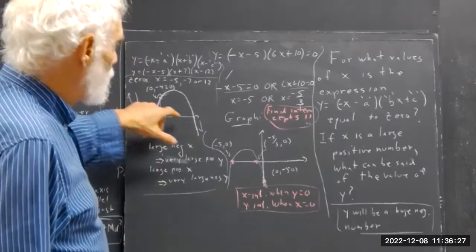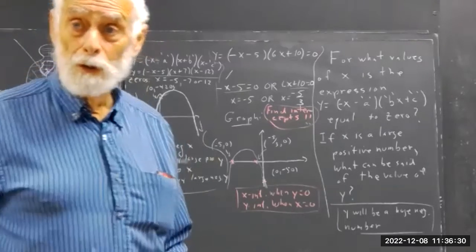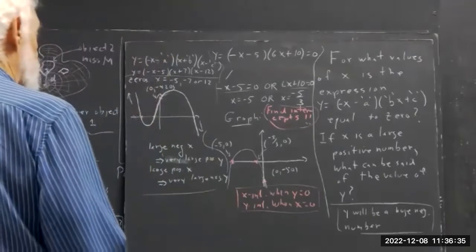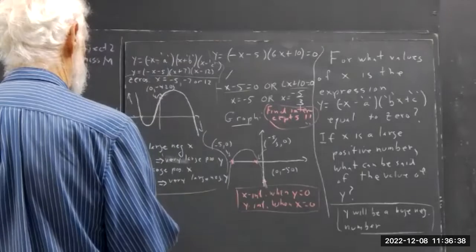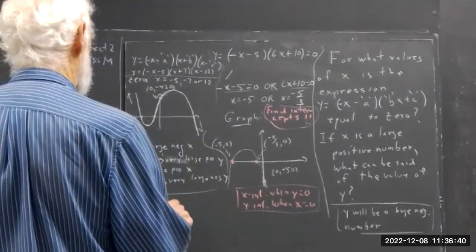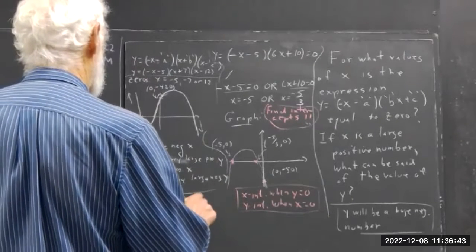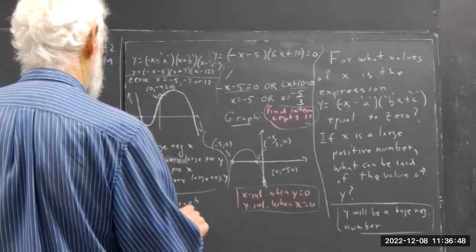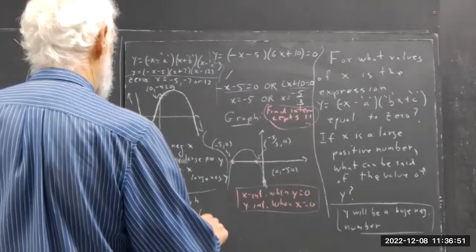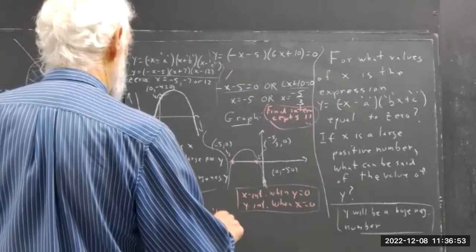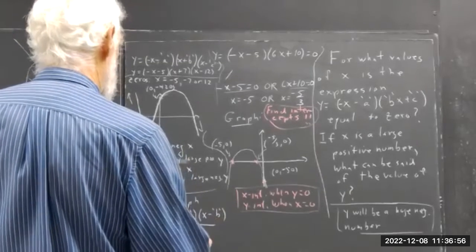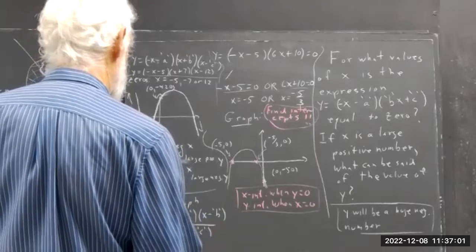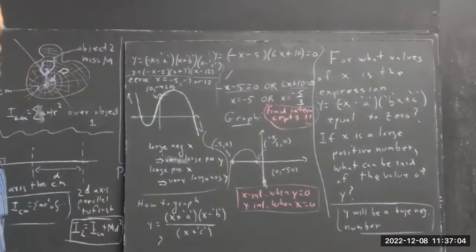Once we understand how to graph polynomials, we start talking about how to graph rational functions. So now what can you tell me about this? How do we graph this thing?